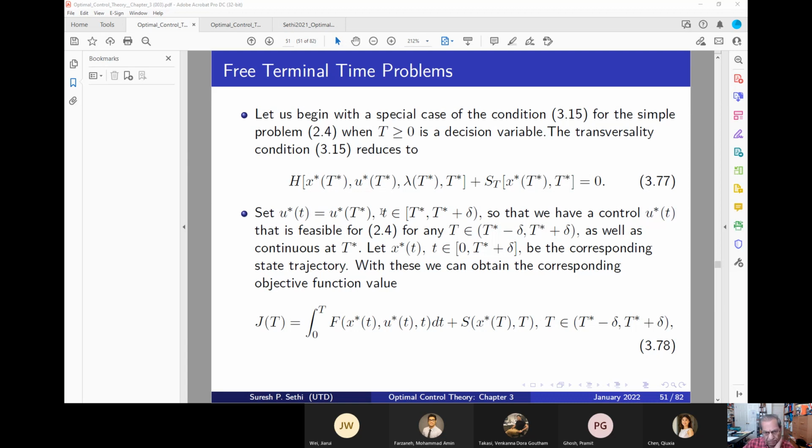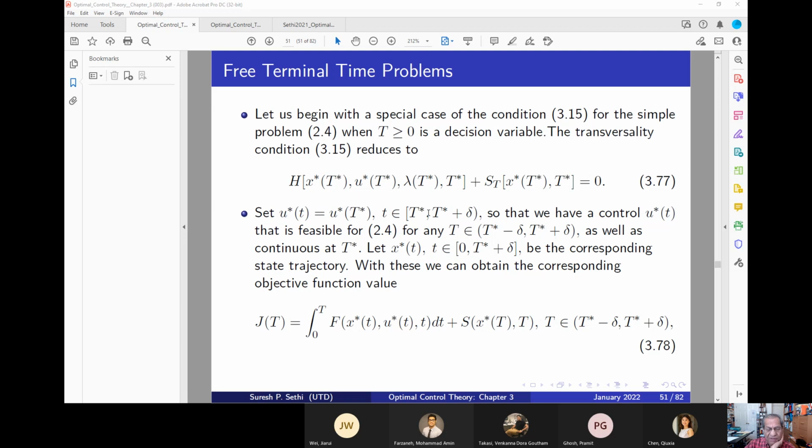And I'm going to give you the following way to look at what's going on. So what I'm going to do is assume that we found a T star, and I'm going to change the T star to T star plus delta.